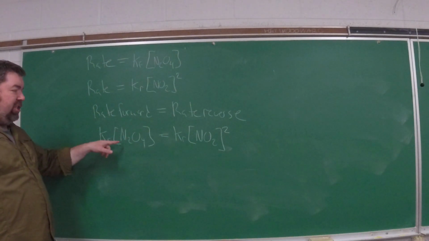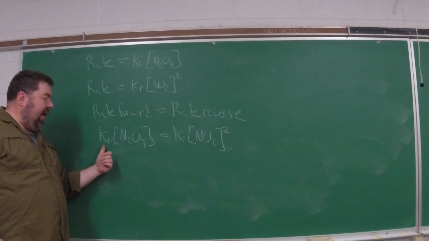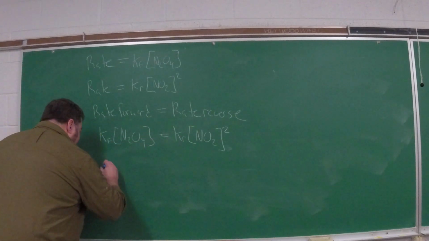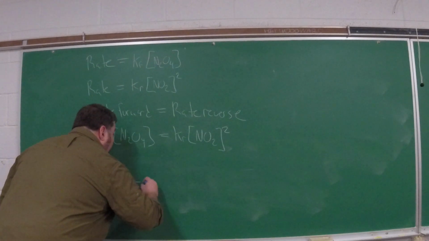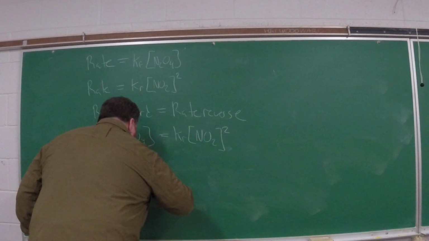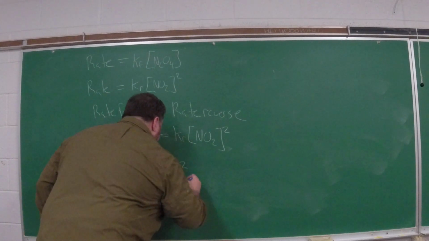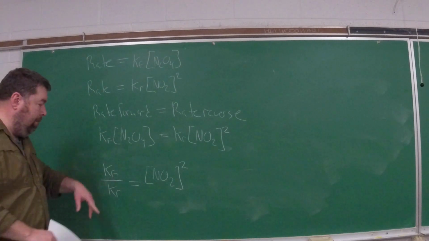Let's quickly solve this. Let's separate these out. I'm going to put the Kf and Kr on this side, and the chemical species on that side. So divide through by Kr, and divide through by the concentration of N2O4.